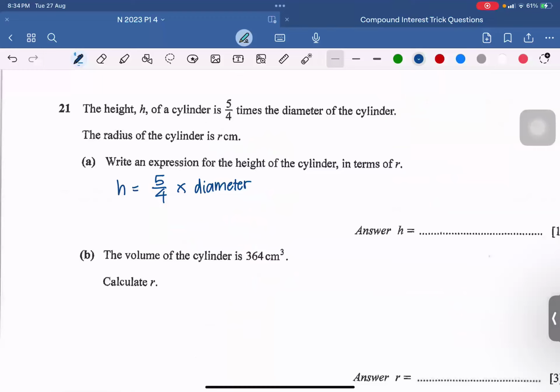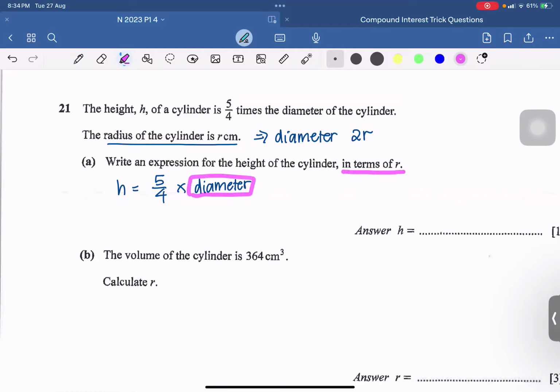Then they give me that the radius of the cylinder is r. If radius is r, that means the diameter will be 2 times of r, which is 2r. So what I'm going to do now is replace this diameter by r because they want it in terms of r.